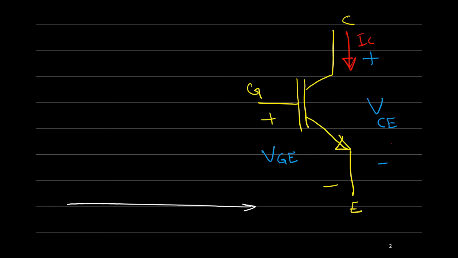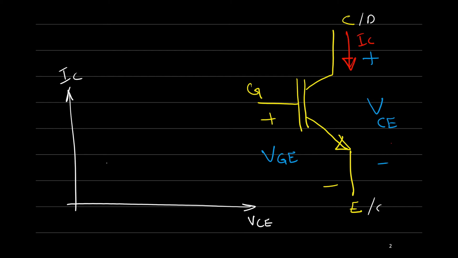Let's draw the characteristic curve of this transistor, the collector emitter voltage versus the collector current. We know that when the current is increasing inside the transistor, we expect that the collector emitter voltage increases as well. In the BJT transistor, we remember that we have the base.